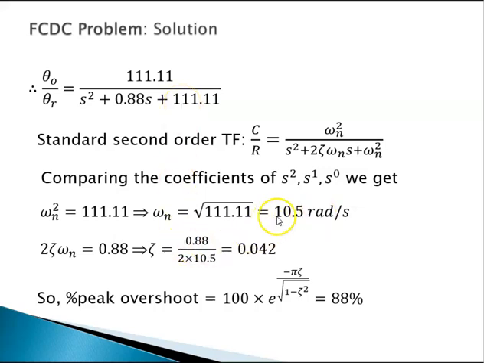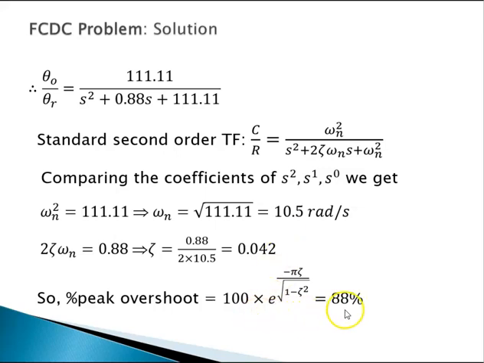So omega n is 10.5. And if you compare the coefficient of s, 2 zeta omega n here, 0.88 here. So zeta is 0.88 divided by so and so, which gives 0.042, which is a very lightly damped system.